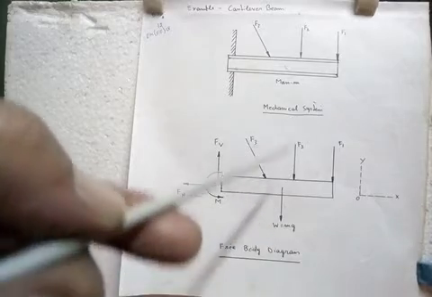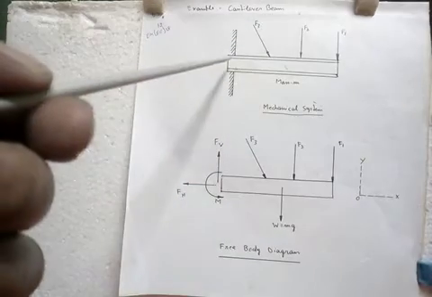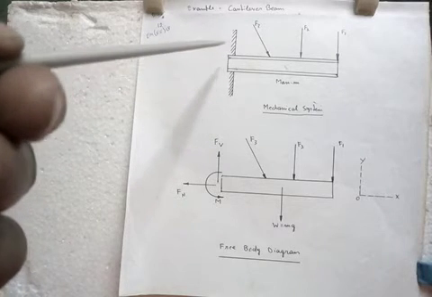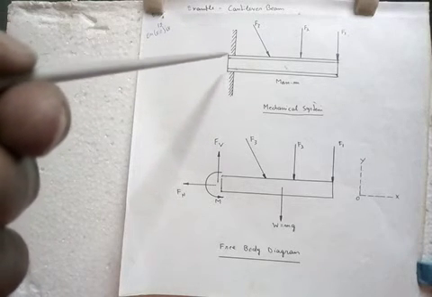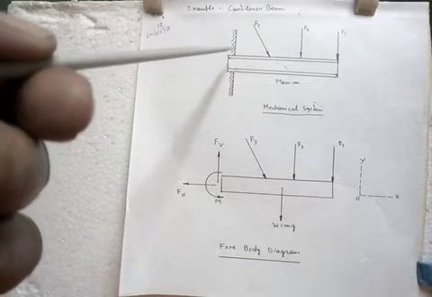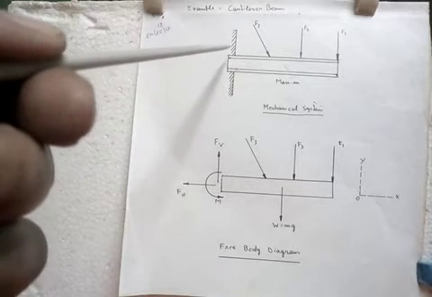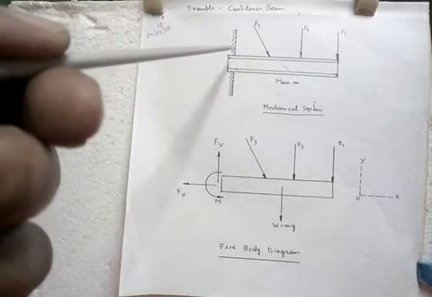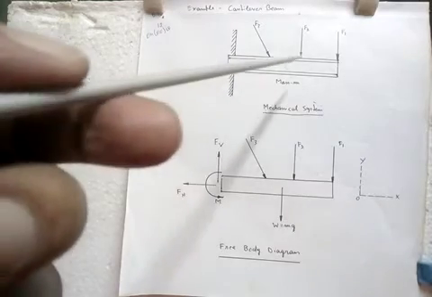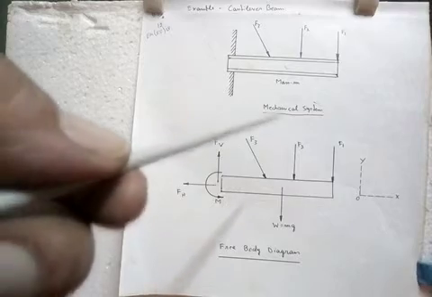Since the beam is rigidly fitted with the wall, the reactions will be only at this end. On the contact points here, the reactions will be there only, because there is no other way to produce a reaction.